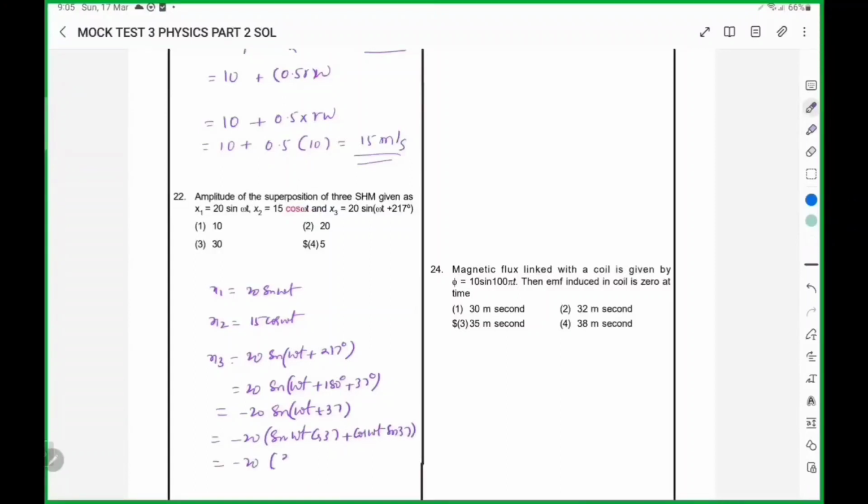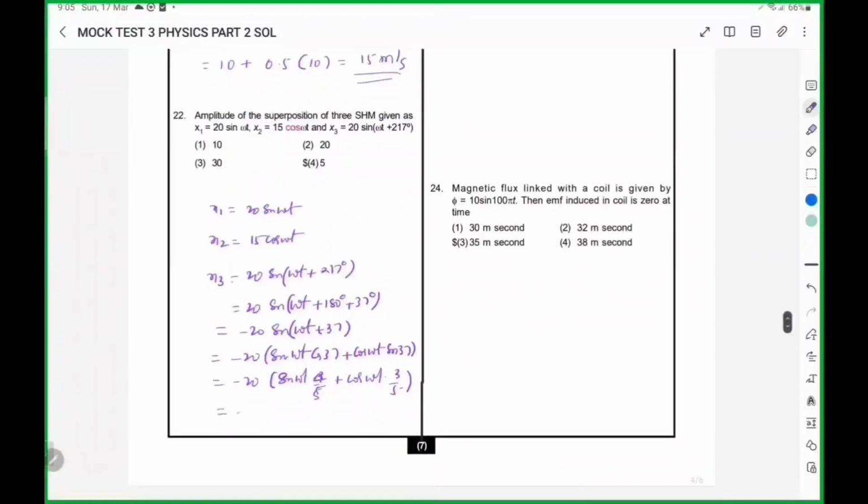Cos 37 is 4 by 5, sine 37 is 3 by 5, so minus 16 sine omega t minus 12 cos omega t.